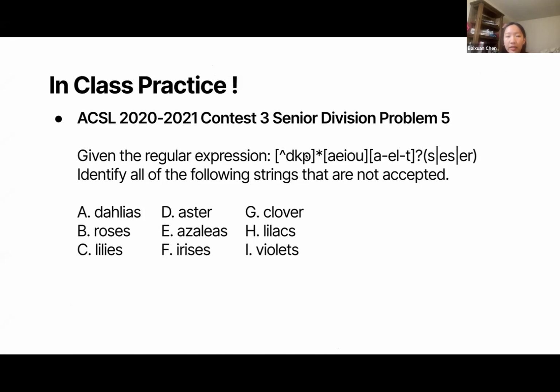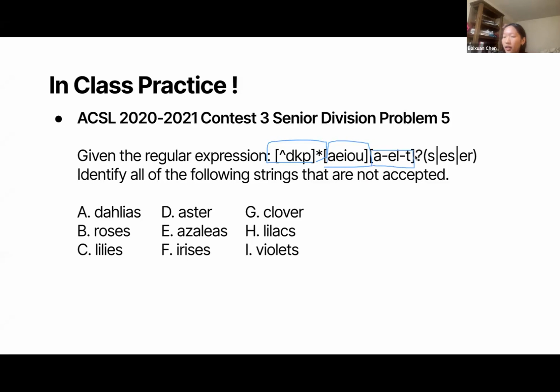First, they want anything that doesn't start with D, K, P, and it's an asterisk, which means 0 or more of this. And then we need a vowel, A, E, I, or U. And then there has to be one thing that's A through E or L through T. And then question mark, which means that there has to be 0 or 1. I think, let me check.